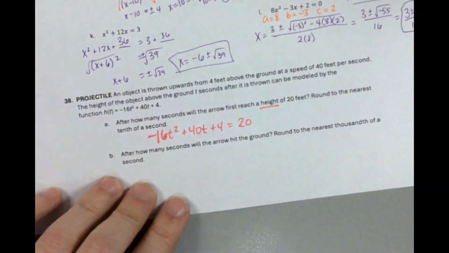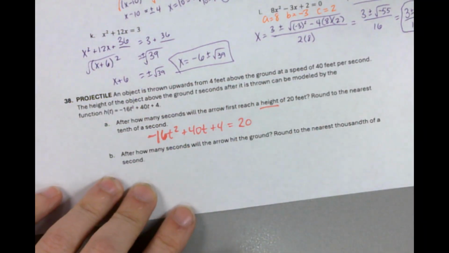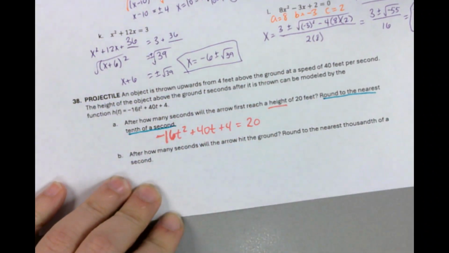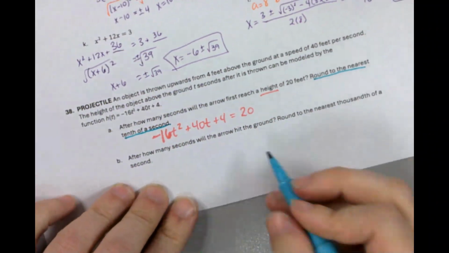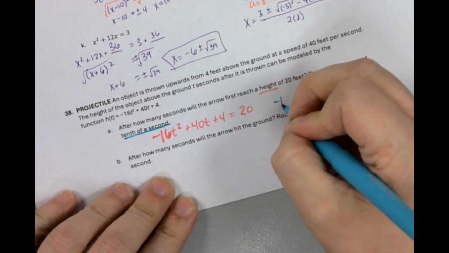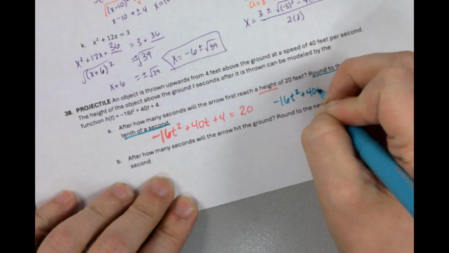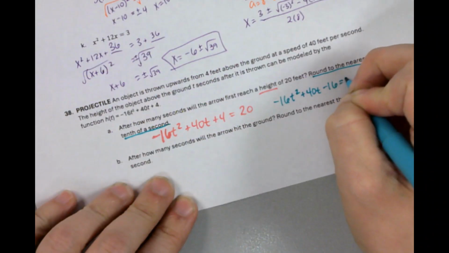Usually we can only do that if it's a whole number solution. But they said round to the nearest tenth of a second, so we're okay rounding. That means I'm going to subtract the 20, negative 16t squared plus 40t minus 16 equals 0.